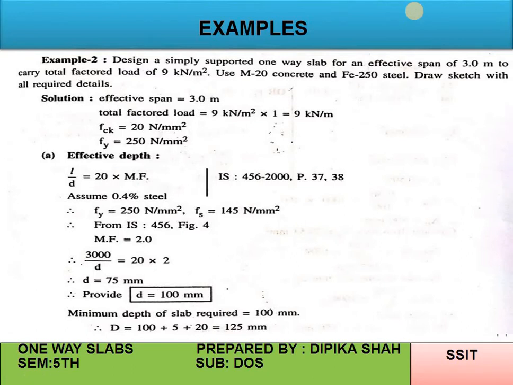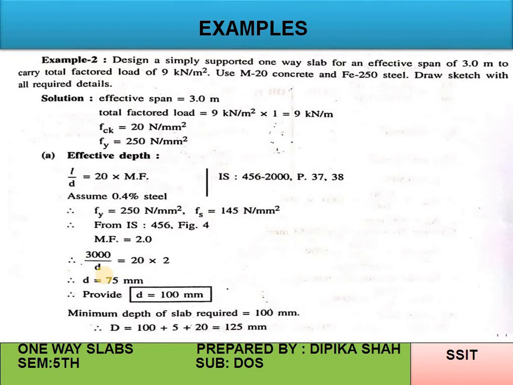For fy 250, fs will be 145. You can see that in IS 456 figure number 4. From this figure we can find the value of MF, which is 2. We put the values of MF and L in this equation and find d. So here d is 75 mm, so we will provide a small d of 100 mm.